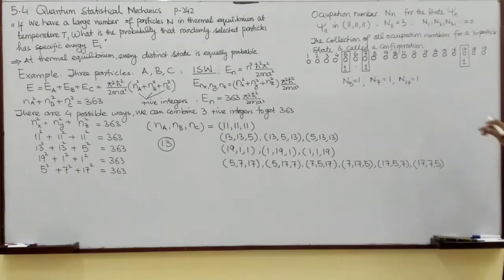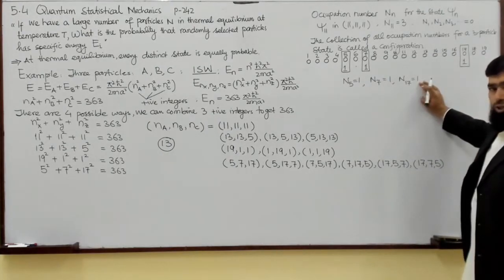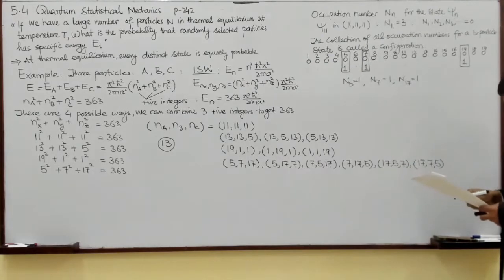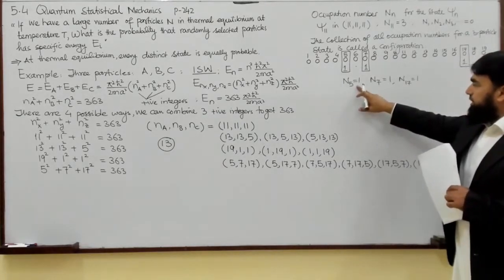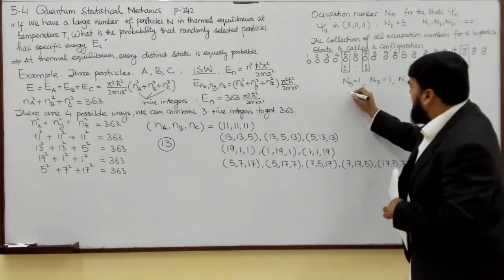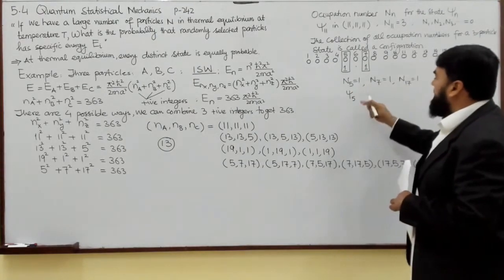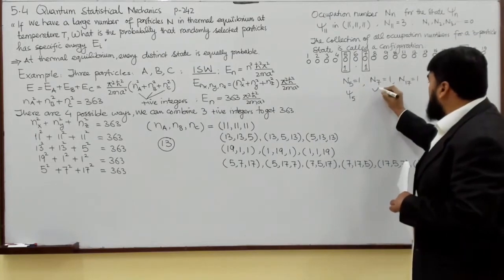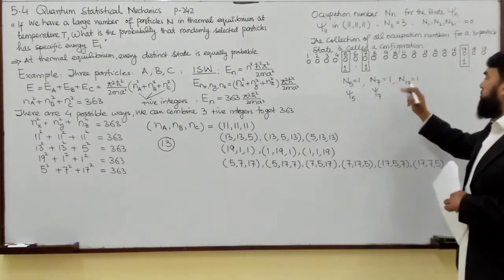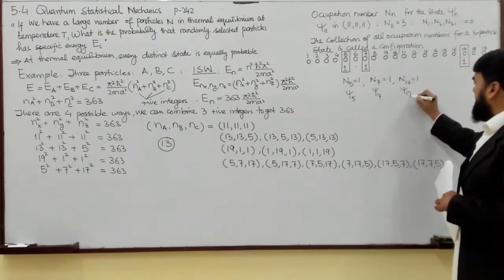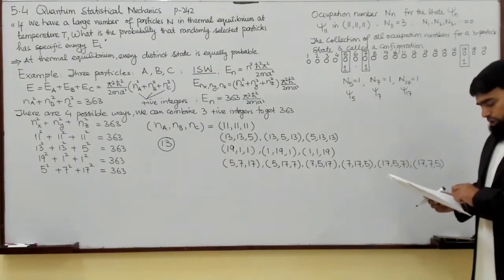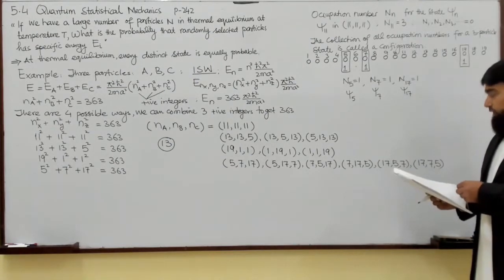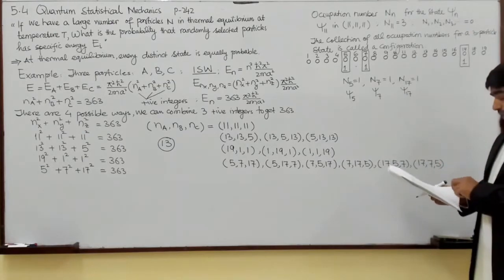And again the occupation number is equal to 3. So this way I will count that one particle is in state 5, and I will say psi 5 has occupation 1, psi 7 has occupation 1, and psi 17 has occupation 1. And this is one configuration.